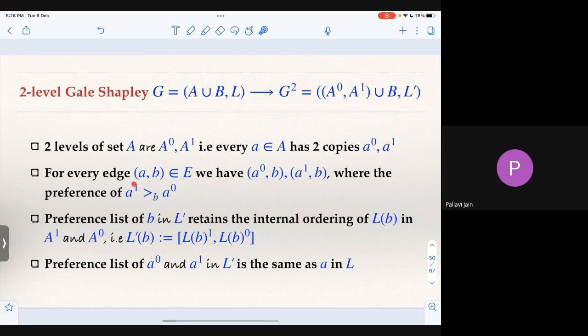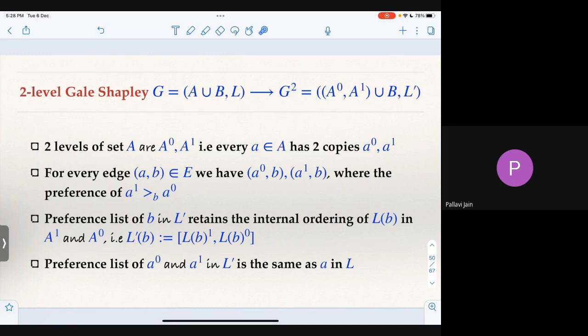Every edge in the given instance will now be represented as two edges: the 0th version of A with B and the level 1 vertex of A with B. And B will by default rank the first level person more than the 0th level person. The rest of the preference list would be B's preference list as before, but with all the level 1 vertices before level 0 vertices.